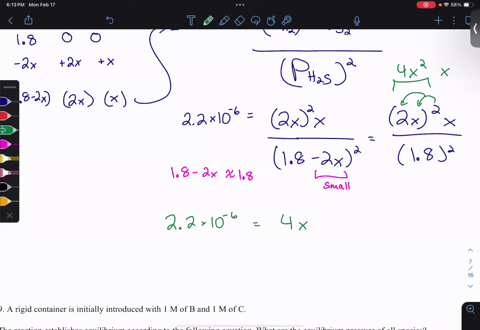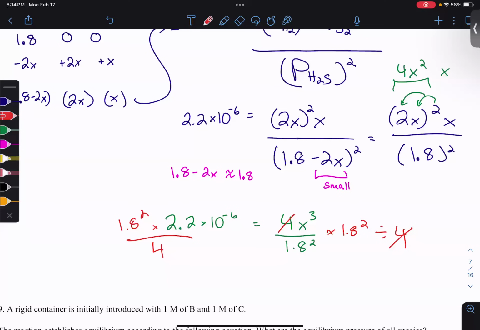It is 4x cubed over 1.8 squared, all right? So yeah, this does not require any quadratic. I'm just going to multiply both sides by 1.8 squared, and then I'm going to divide both sides by 4, because then that cancels.